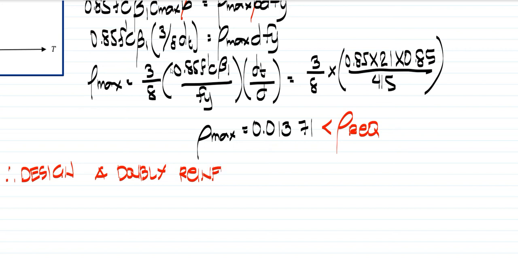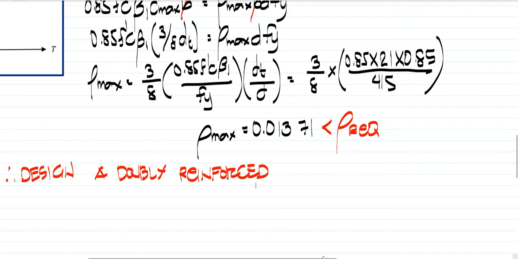So, wala naman tayong ibang pwedeng magawa kasi limited tayo sa dimension na 300 mm by 550 mm. Pero kung hindi tayo limited, we can change the dimension and ipasok natin siya sa part ng singly. Pero since hindi tayo pwedeng mag-change ng dimension, we have to design it as doubly reinforced beam.